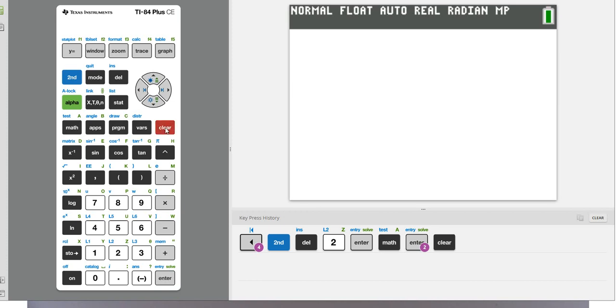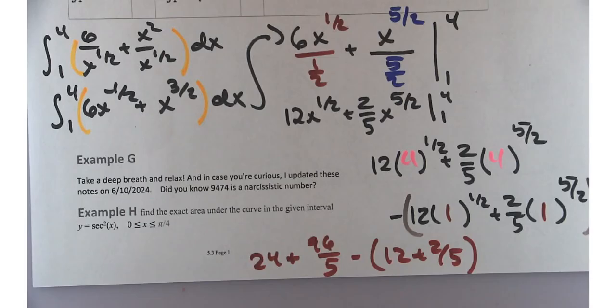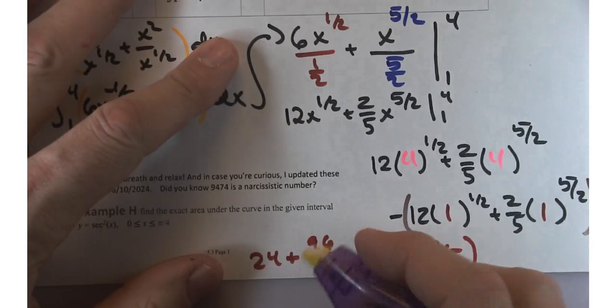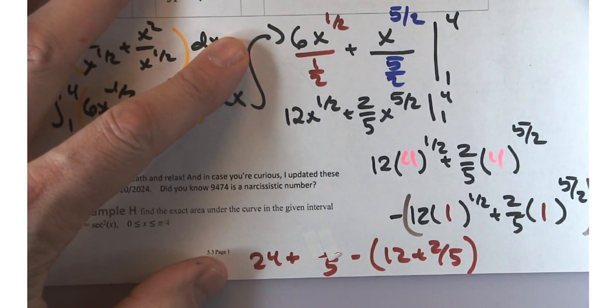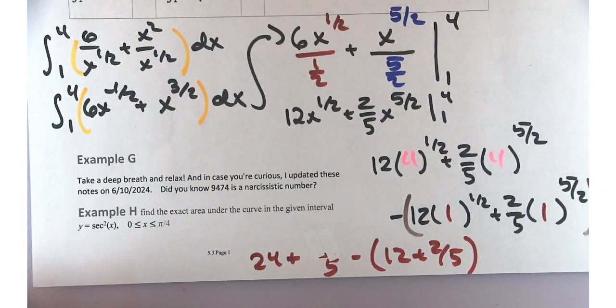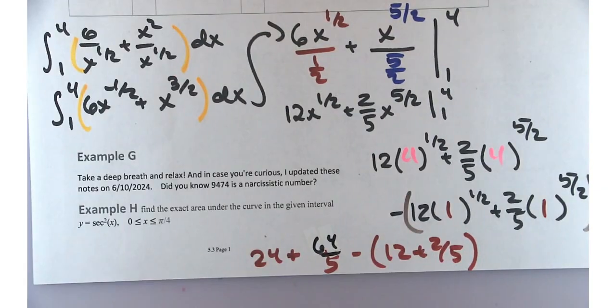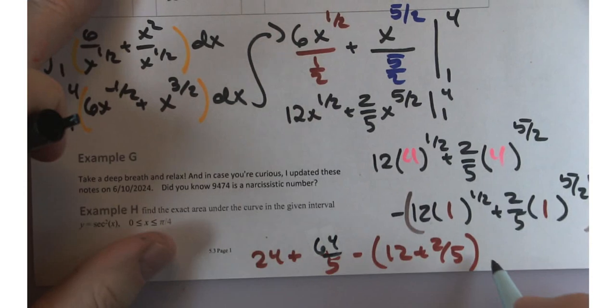So it's 24 plus 4 to the 5 halves. That'd be 2 to the 5th, which is 32, times, oh, it should be 64 over 5. There's my mistake. This should be 64 over 5. All right, there we go. 64 over 5. Let's try that now.